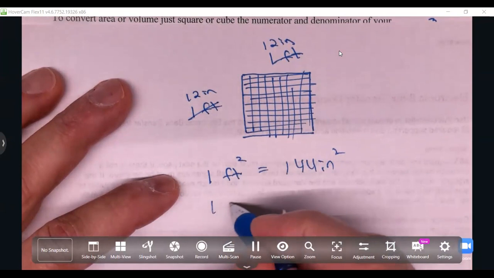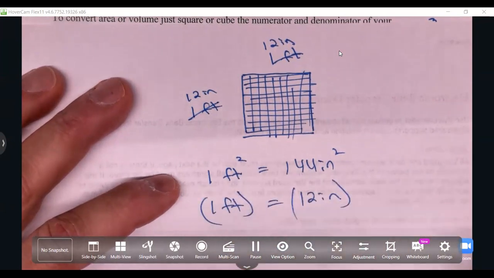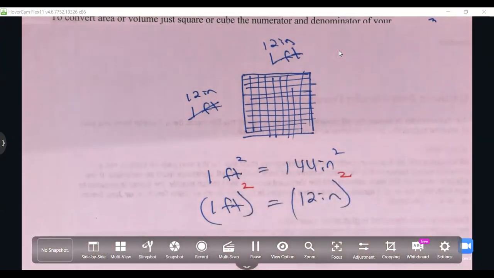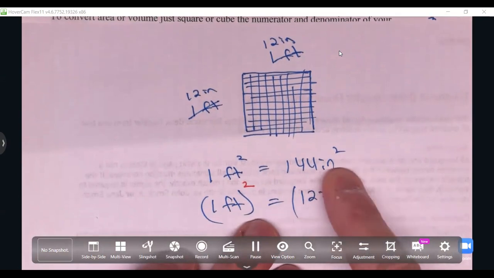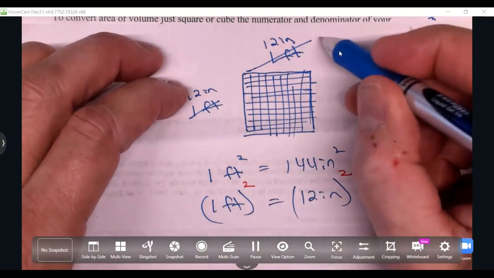But I'm not going to do it that way. I'm going to do it like this. And if we have square units, we simply do this. It's the same thing. 12 squared is 144, right? If we have cubic inches, check this out. We'd have to go this direction then.